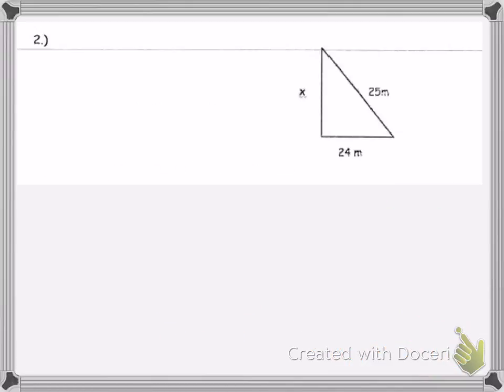Okay, taking a look at problem number 2, I have another right triangle where I am trying to find the length of one of the sides. It's marked x in your notes. I know that this side is one of the legs because it's one of the sides that forms the right angle. So this time I have the c value and one of the legs, I'll just call it a, and the missing value I'll call b, which is another leg.